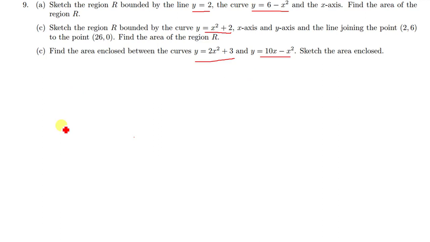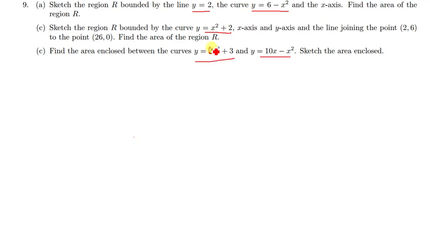So how do we get to know that? You just need to find the minimum point and the maximum point. How do you know which is minimum and which one is maximum? You look at the coefficients of x squared.